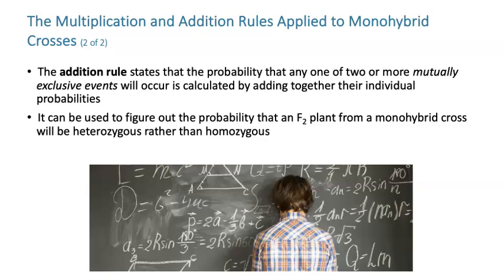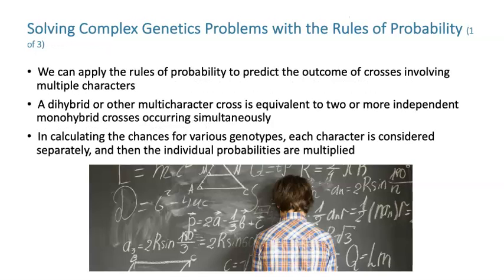So that's going to bring in the addition rule. The addition rule says that the probability of any two or more mutually exclusive events occurring, you usually add them together. So you can use that to figure out how many of the F2s from a monohybrid cross will be heterozygous instead of homozygous.